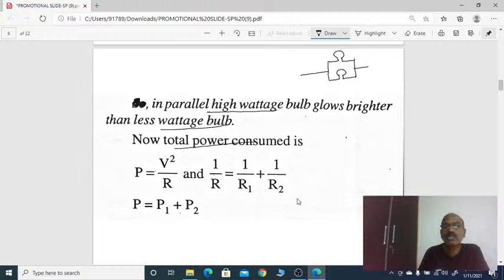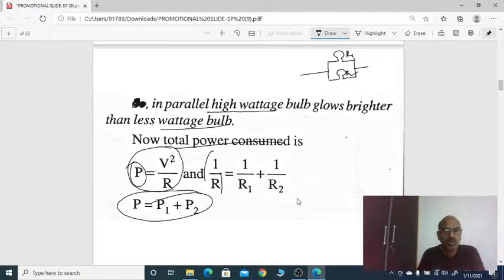Right, now what is the total power consumed? We know the relation power P equals V squared by R. So 1 by R is the effective resistance of these two bulbs. First bulb resistance R1, second bulb resistance R2, so 1 by R1 plus 1 by R2. Since 1 by R corresponds to P, it is P1 plus P2.